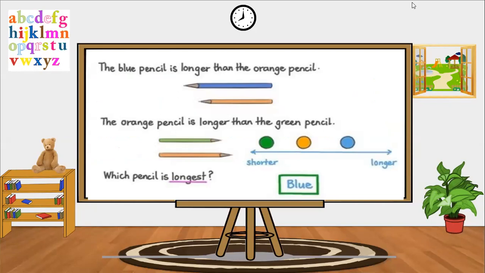Okay, so the blue pencil is longer than the orange pencil, right? Great. The orange pencil is longer than the green pencil. So therefore, we conclude, which pencil is the longest? So the longest is the blue pencil.